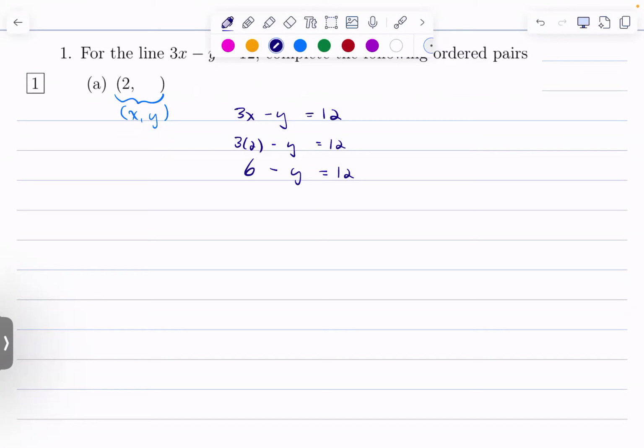I'll do it nice and slow. 12 minus 6 is 6, so y must be negative 6. That's showing a lot of work. You don't have to do that, as long as you tell me negative 6. You probably want to do some work and be careful, but you don't have to show all this work.